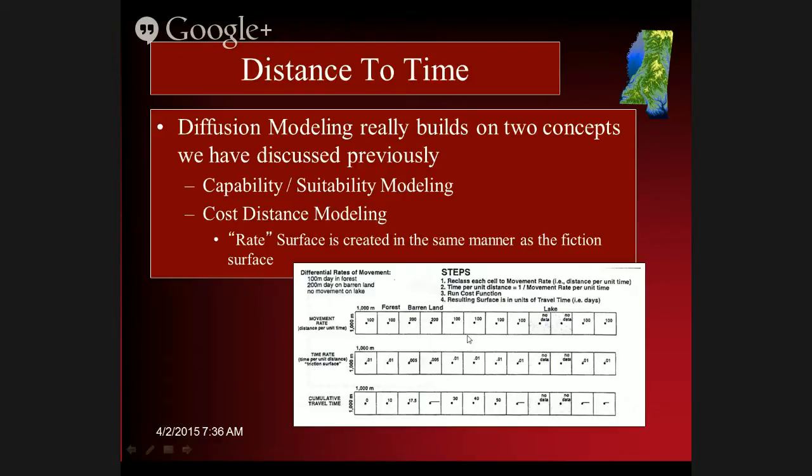Okay. So we take our rate surface. Sometimes people ask in this course, and it's a good question, how do we make a rate surface? That's a good question. Lots of times as a GIS expert, I work with scientists in different fields.